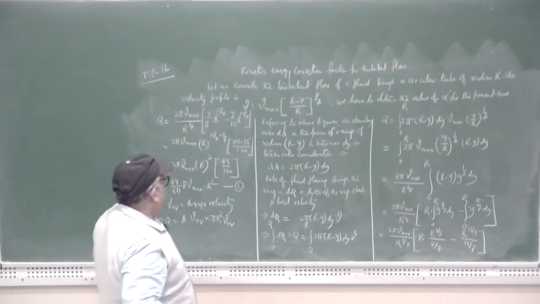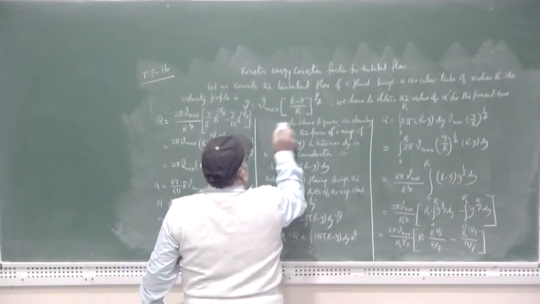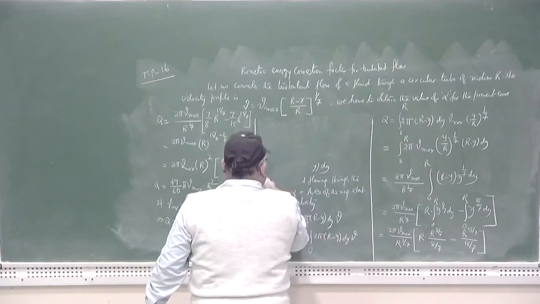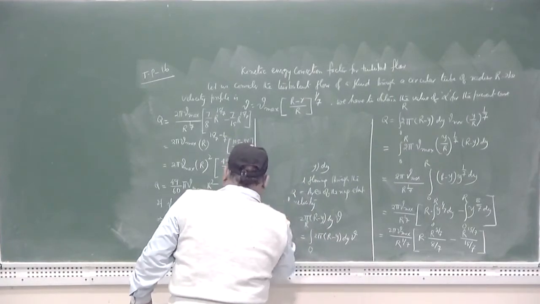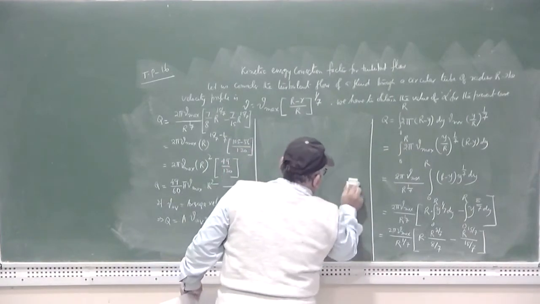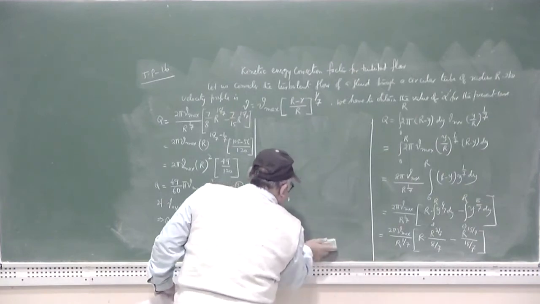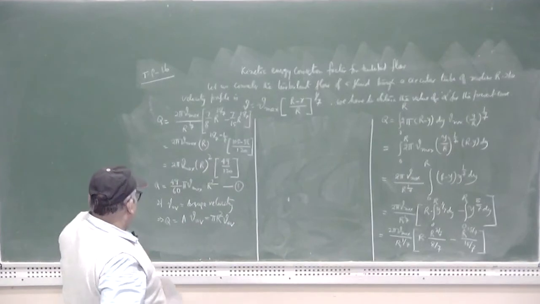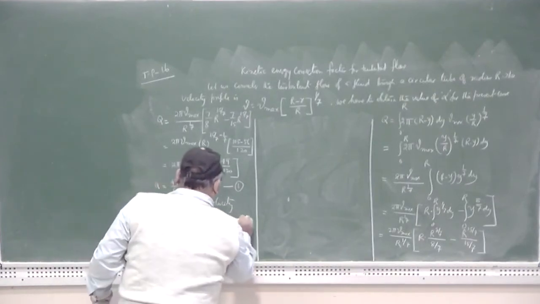So, we can proceed now in terms of average velocity, so that the expression for kinetic energy correction factor can be evaluated. So, let it be question number 2.